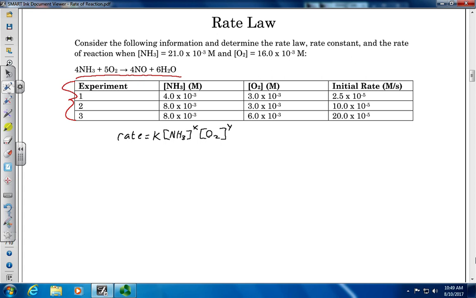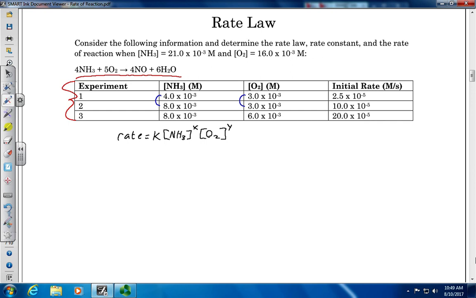and molecular oxygen. So what we're going to do is look at each of these experiments in pairs. We're going to look at the fact that experiment 1 and experiment 2 has an increase in its concentration of ammonia, but is constant when it comes to its concentration of molecular oxygen.